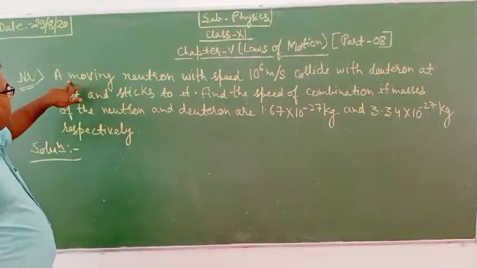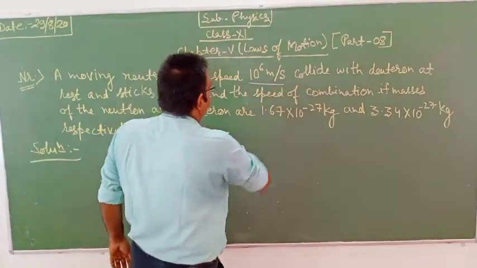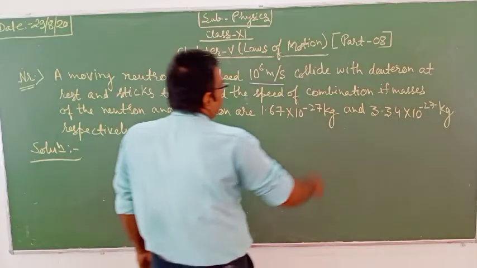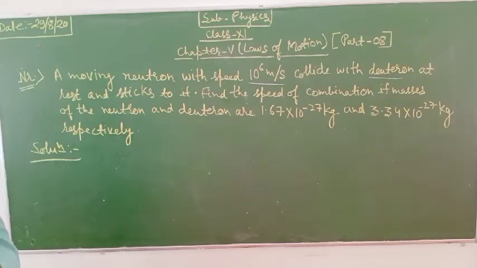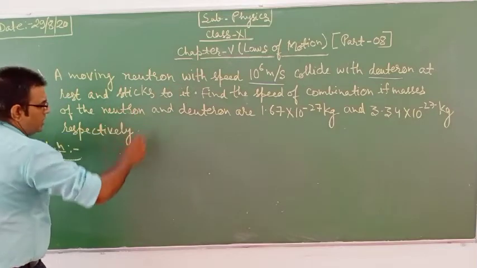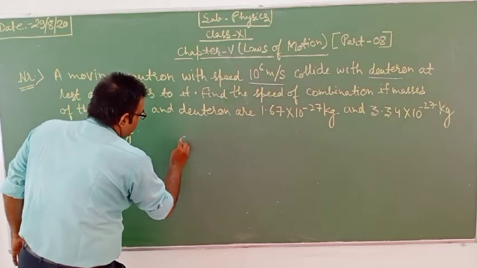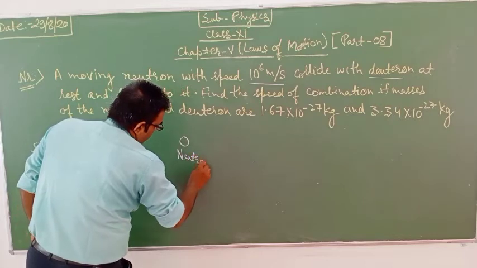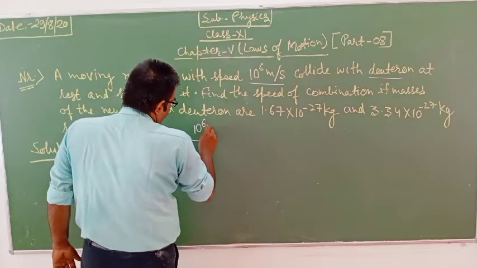The numerical says that a moving neutron with the speed of 10 to the power 6 meter per second collides with a deuteron, which is an isotope of hydrogen, and which is at rest. So let us draw the diagram. Suppose this is the neutron, moving with 10 to the power 6 meter per second.